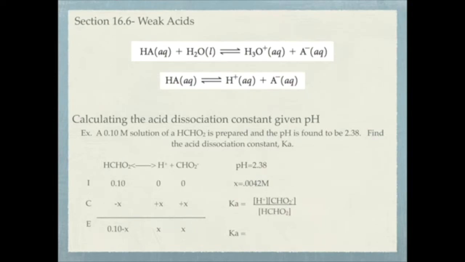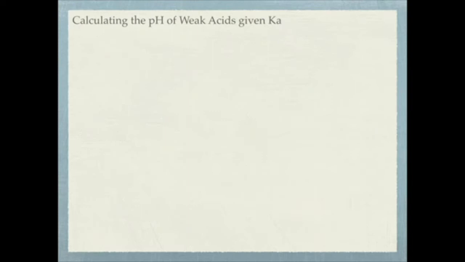So my Ka equals 0.0042 times 0.0042 divided by the concentration of the acid, which by subtracting I find is 0.0958. And so my Ka for this is going to be 0.0018. And that's it.